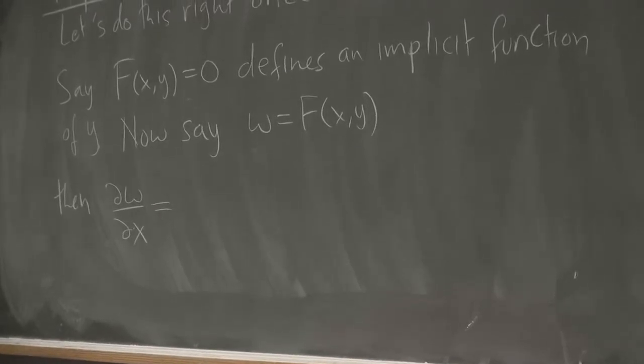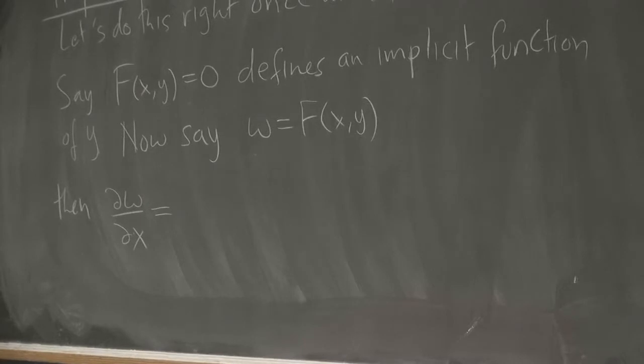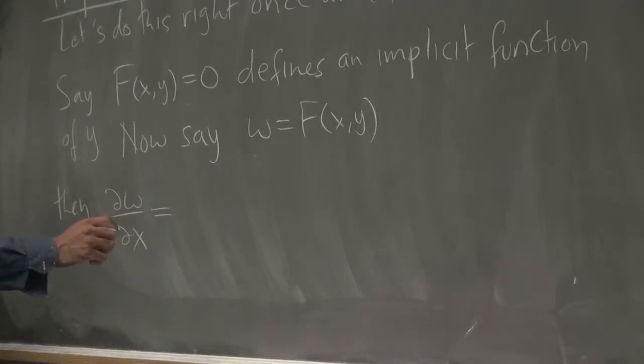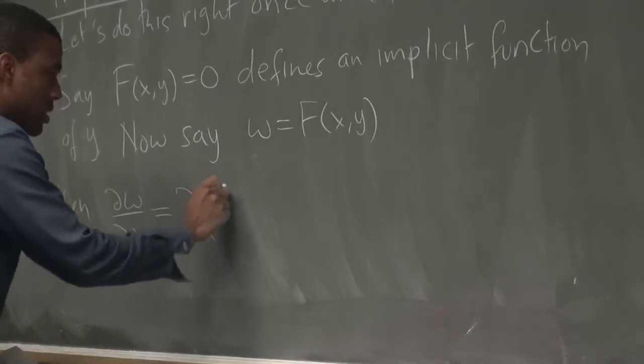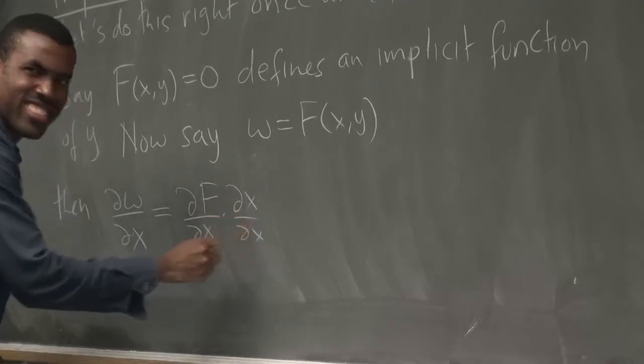Right, the chain rule, the same thing we've just been doing. dw dx is the partial of f with respect to x, times the partial of x with respect to x.